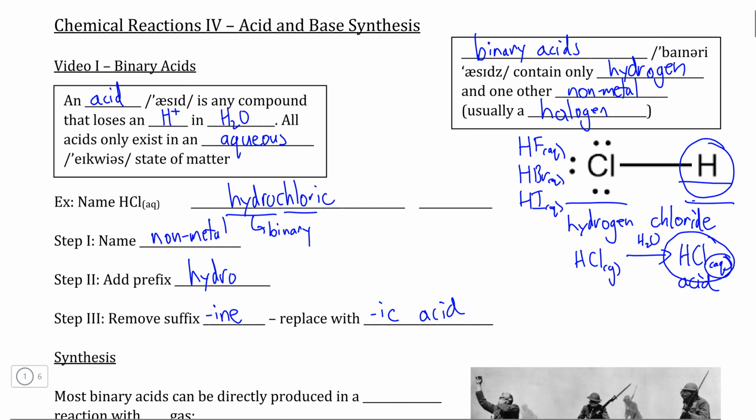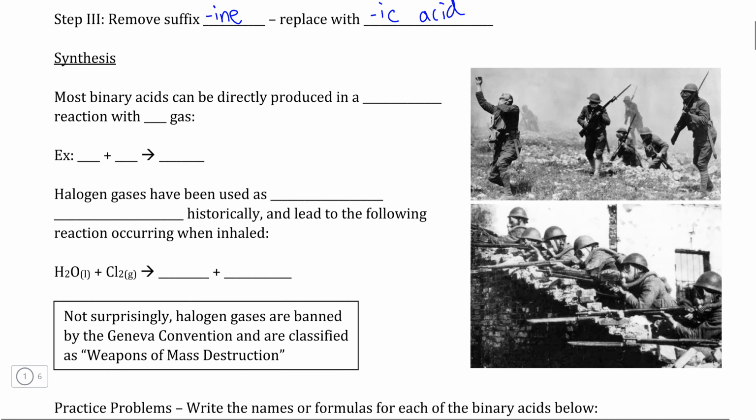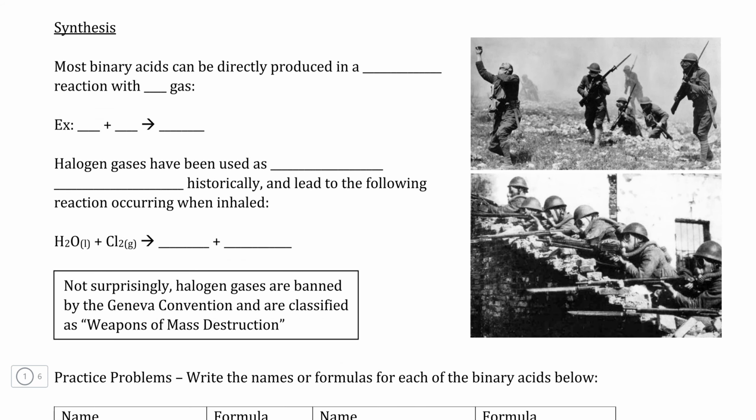So the name of our compound would be hydrochloric acid, and the most famous example of how hydrochloric acid is used is actually in your stomach to help you digest food. Although, as we can see in these pictures here, HCl in particular has a much more nefarious history, which brings us to our discussion of where binary acids actually come from.